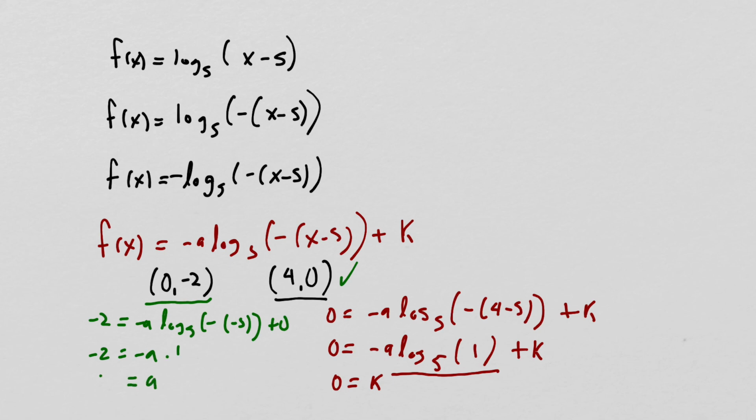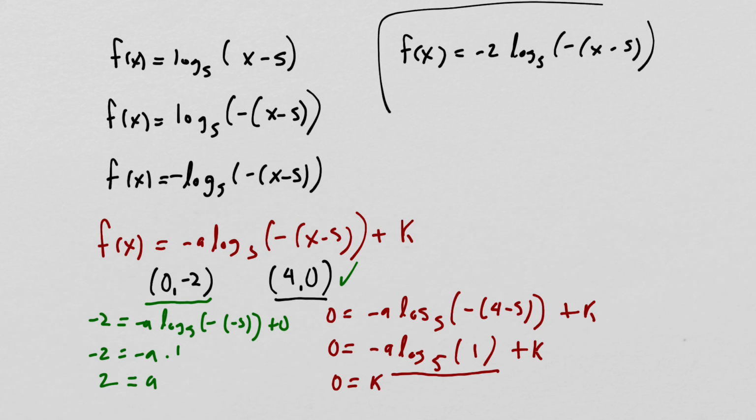Therefore we get a is equal to 2. So the equation we're looking for is going to be given by f of x is equal to -2 times the log base 5 of negative times (x minus 5). And this is the solution that we're looking for.